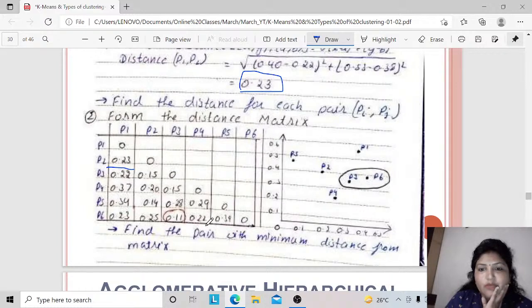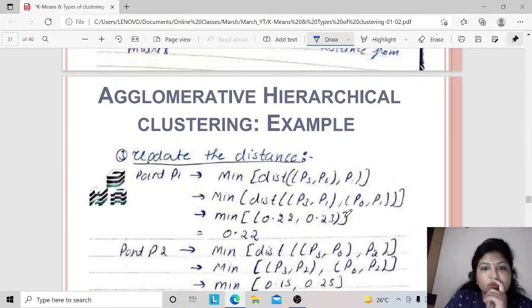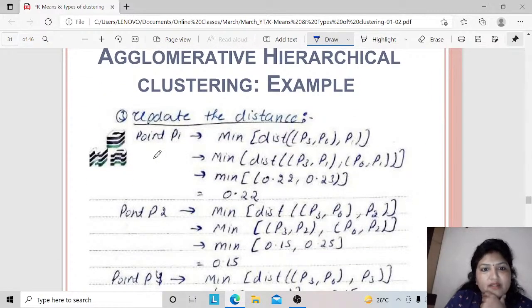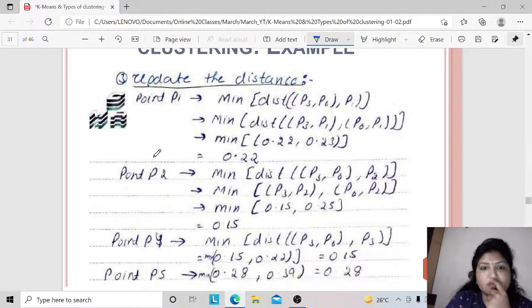Find the pair with minimum distance from the matrix. So here, which has the minimum distance in the matrix? It's 0.2, it's 0.15, it's 0.11. So this is the minimum distance that we have found, from P3 to P6. So this would be my first cluster, right? Now update the distance. Again you are going to update the distance and find the distance between other clusters.